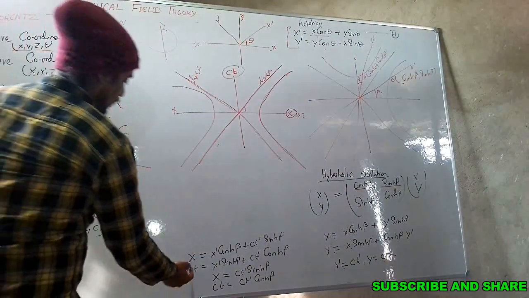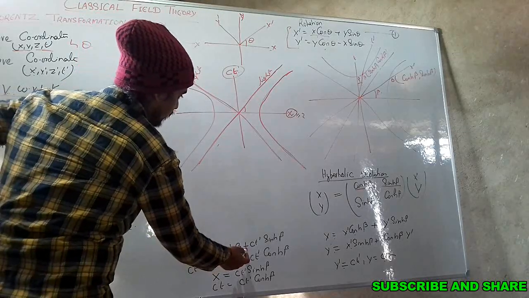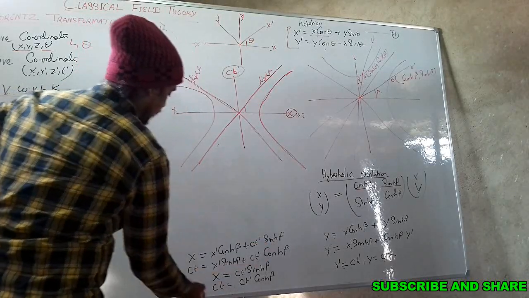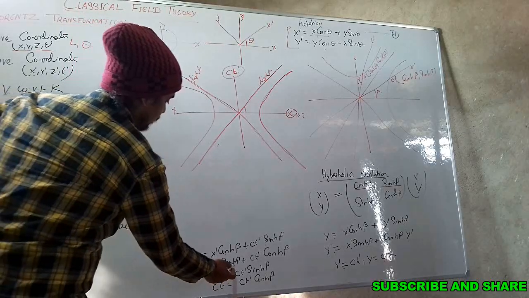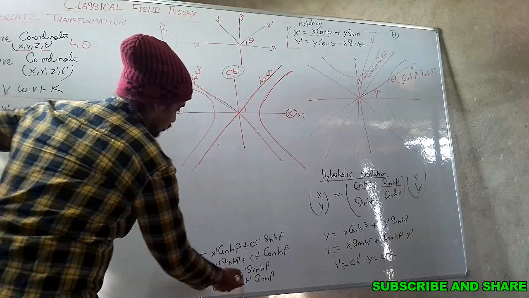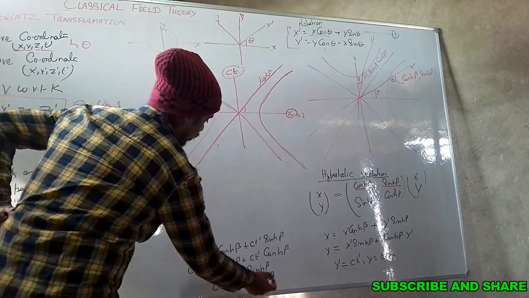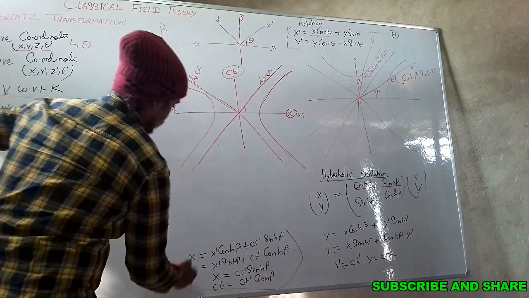So it is simply x is equal to x dash cosh beta plus ct dash sinh beta, ct is equal to x dash sinh beta plus ct dash cosh beta. Here x is equal to ct dash sinh beta and ct is equal to ct dash cosh beta.